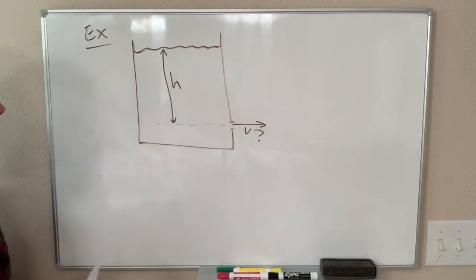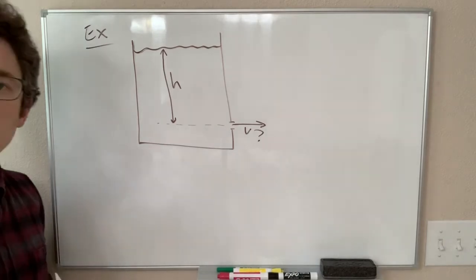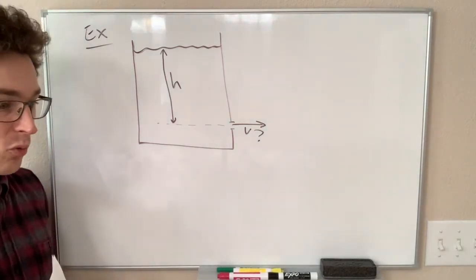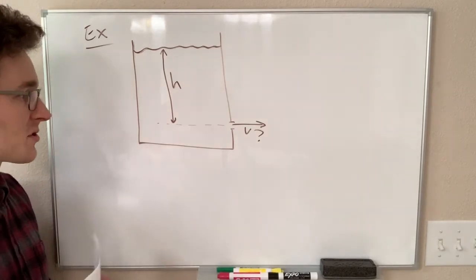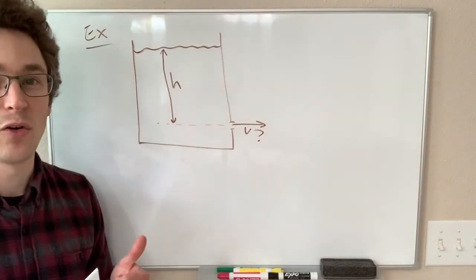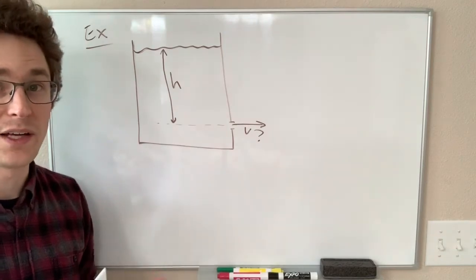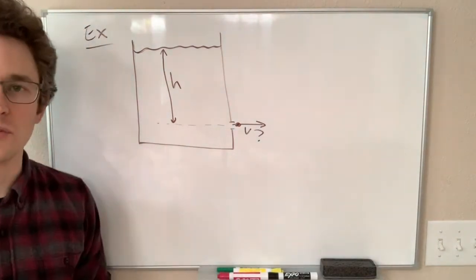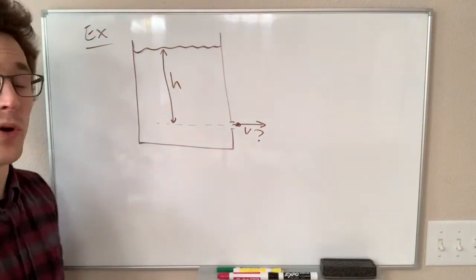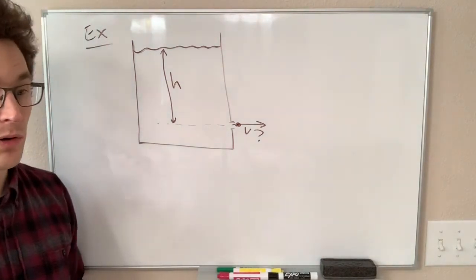Okay, so if we want to figure out what this is with Bernoulli's equation, the first thing we always have to do is pick what is point A and what is point B. Here are some hints for this. One of the points should be where the thing we are trying to find is. So one of the points should be where this velocity is. The other point should be where we know the most.